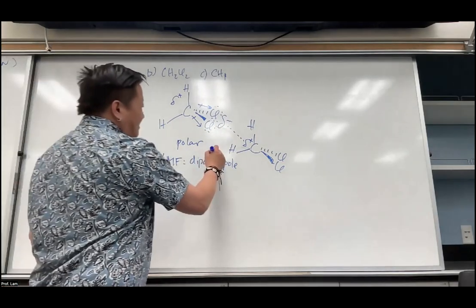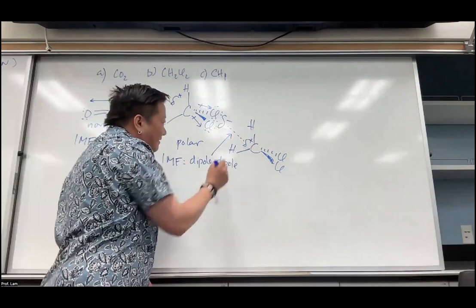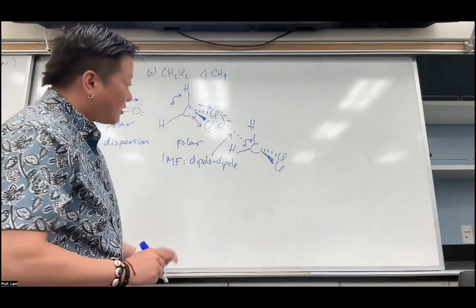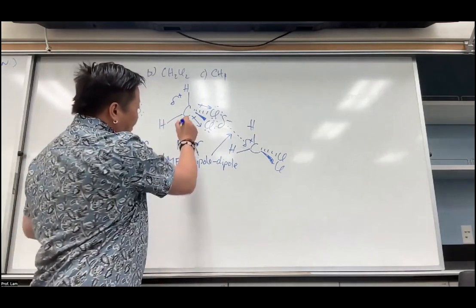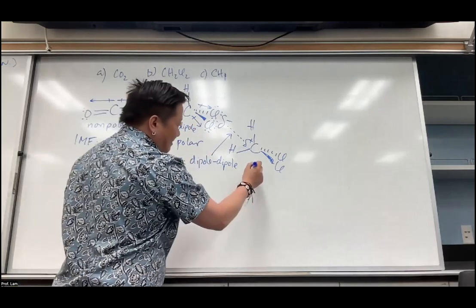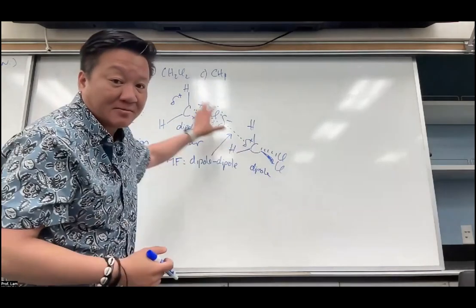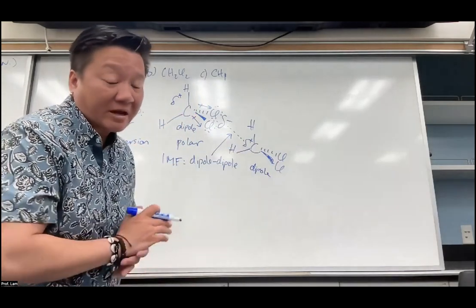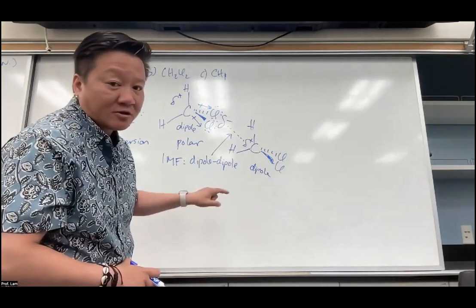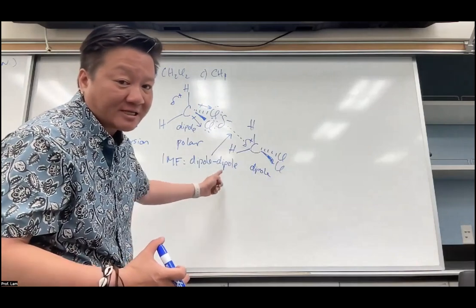So that's the dipole-dipole force, that dotted line. And that's what's holding these together. Does that make sense? And do you guys see why it's called dipole-dipole? This is a dipole, because it's a polar molecule. This is another dipole. It's also a polar molecule. It just happens to be identical to that one, but they don't have to be the same. They could be different molecules. As long as they're both polar molecules, then it'll be a dipole attached to another dipole.